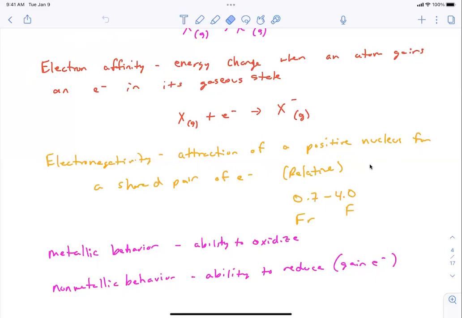Because when you add the first electron, it becomes slightly more stable, but that adds more repulsion, so it actually takes more energy to force you to gain a second electron. Yes, it does want to gain 2 overall, but the difficulty of gaining that second one once you gain 1 is why. If it gained both at the same time, it would be different. But if you're gaining 1 at a time, there's an additional repulsion with that first electron that's in there. O minus to O2 minus is very difficult.